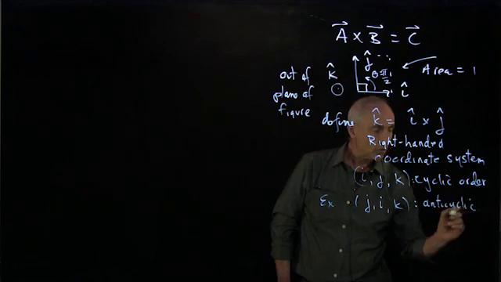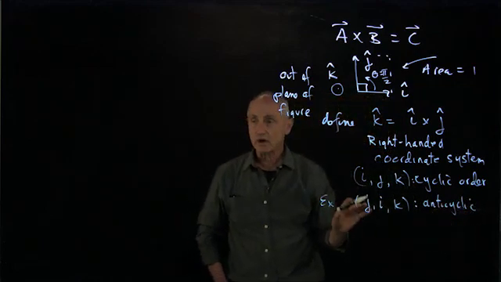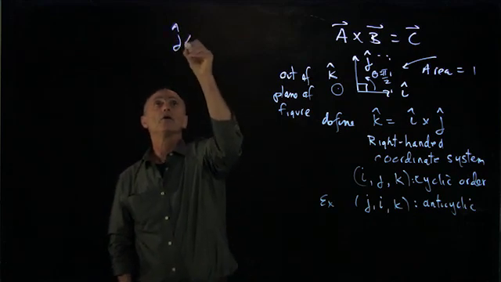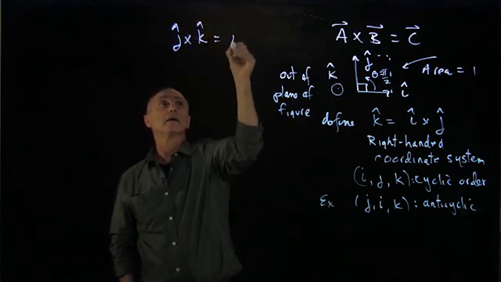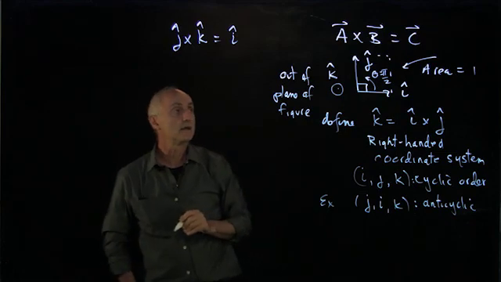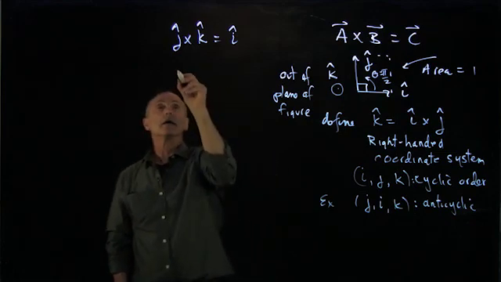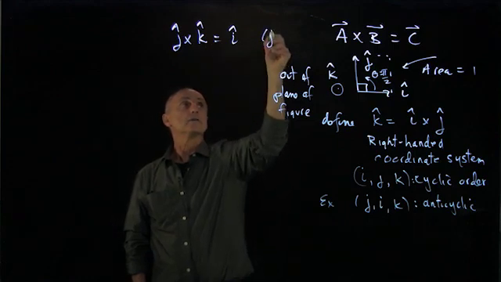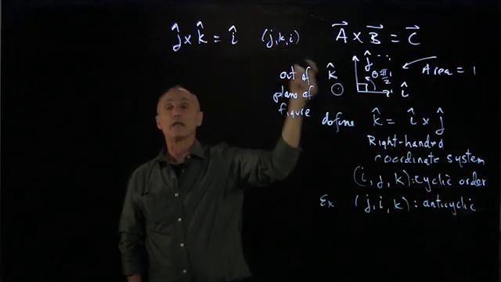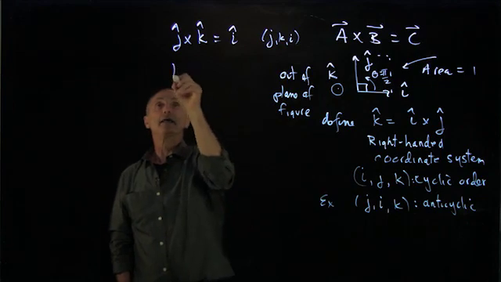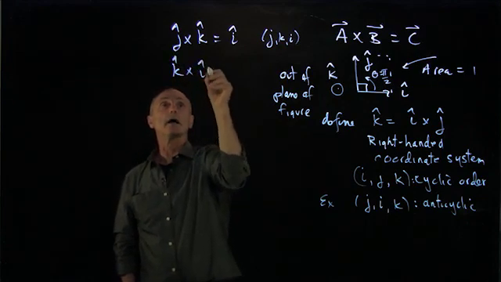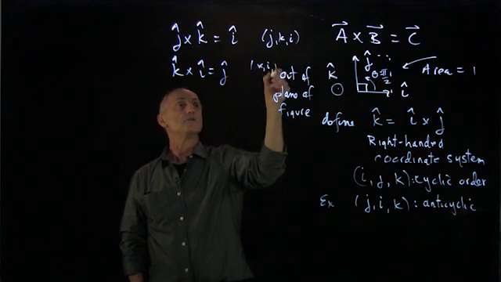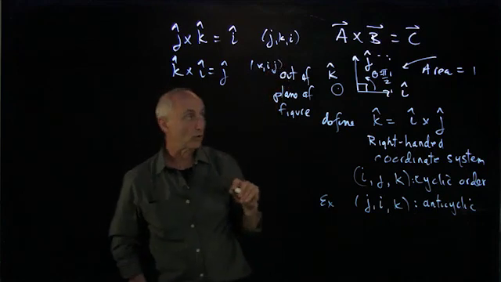The cross products satisfy this cyclic rule in that j hat cross k hat is i hat, and notice j, k, i maintains that cyclic order. And k hat cross i hat is j hat. k, i, j maintains that cyclic order.